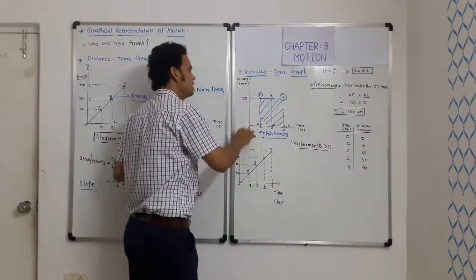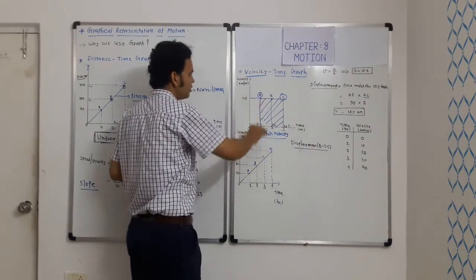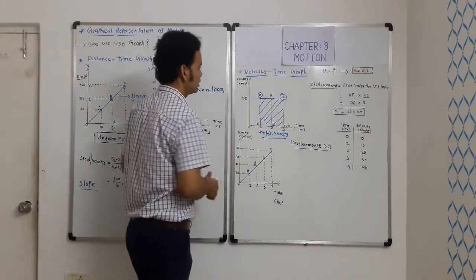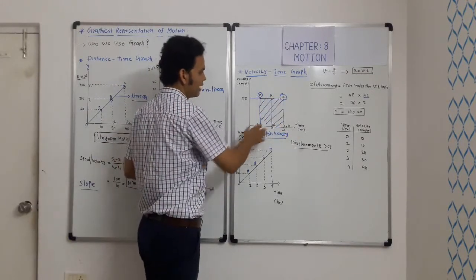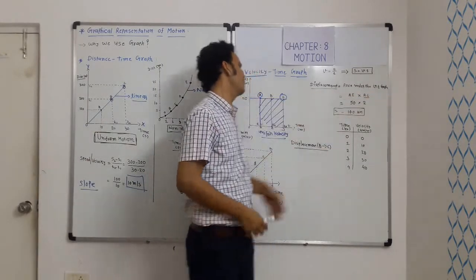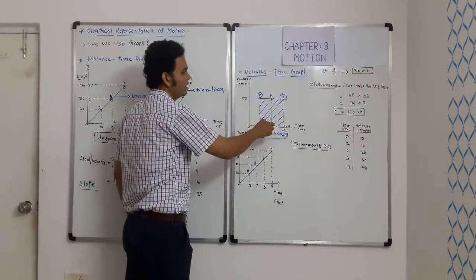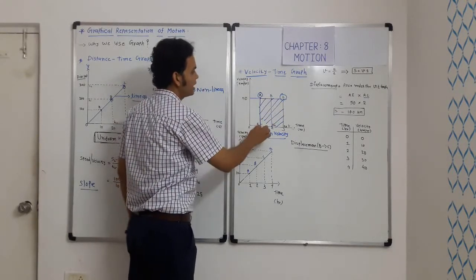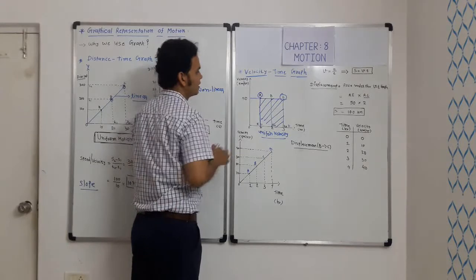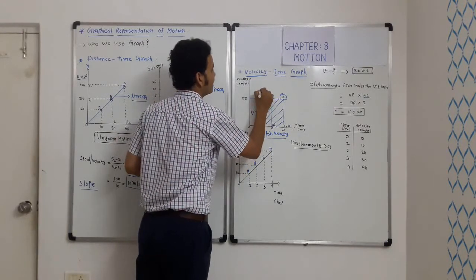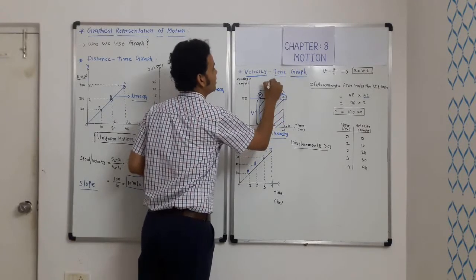Now what is V here and what is t here? So this vertical axis is velocity, this horizontal axis is time. So if this is the square, I can say displacement is the area under the curve, and the area of this rectangle is nothing but length into breadth. So it is AE, that is the velocity, and this is nothing but the time.